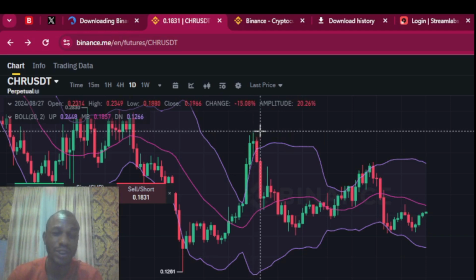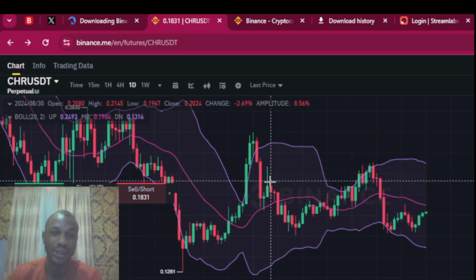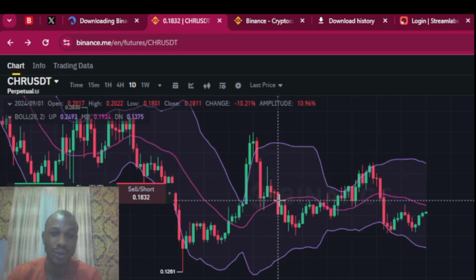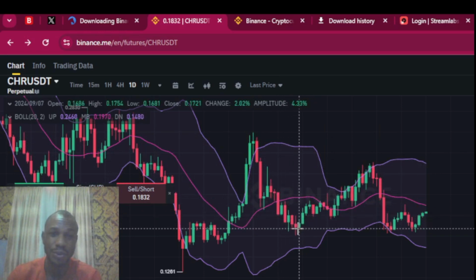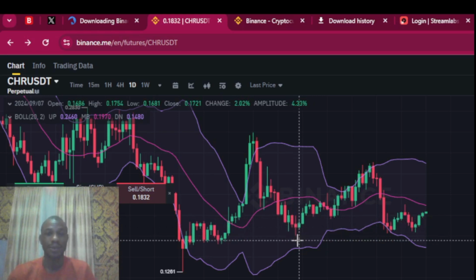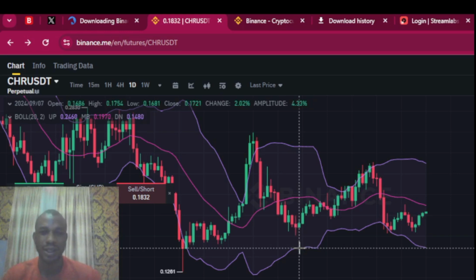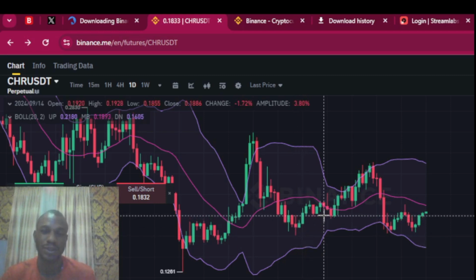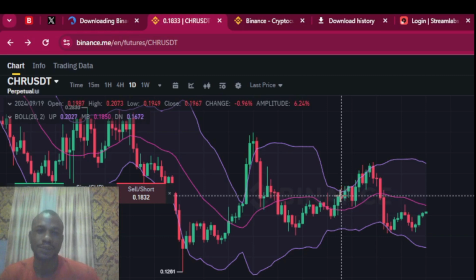And what do you expect? The market starts falling again, and you can see it crosses the center line straight up and returns back to the lower line. What is interesting here is that it did not touch the lower band before it crosses again back to the upper band.